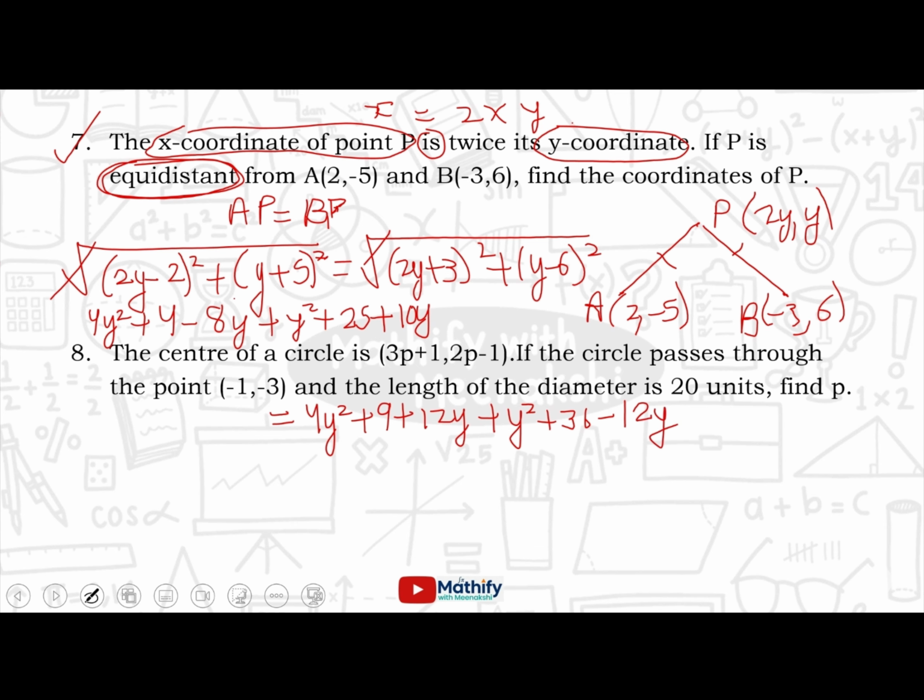I think it's clear till here. Now, if we have something the same, we can cancel that, like 4y square, and y square, y square.